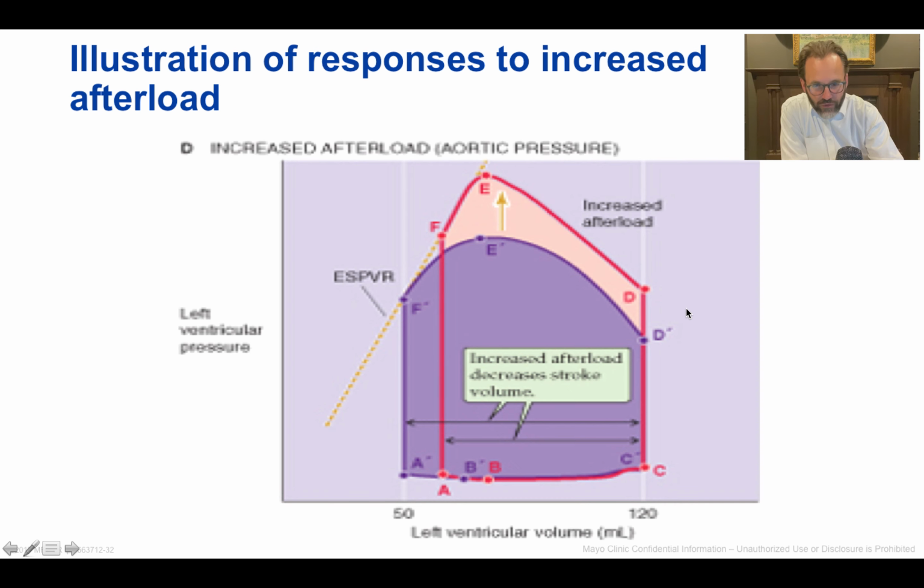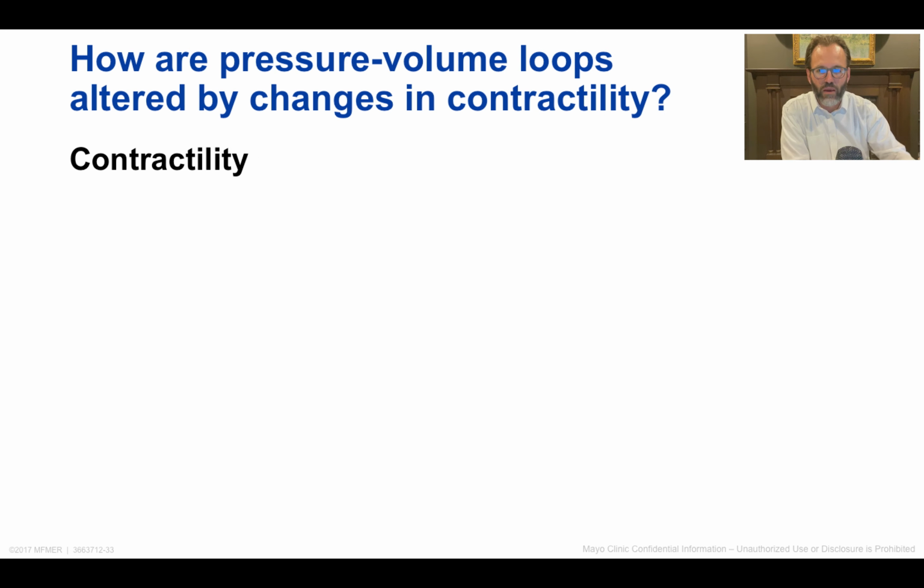And that would serve to help offset that increase in afterload and maintain stroke volume during the subsequent beats. Okay, but most critically, from this diagram, what you should be taking away is that you will never be exceeding that end systolic pressure-volume relationship for the left or right ventricles.